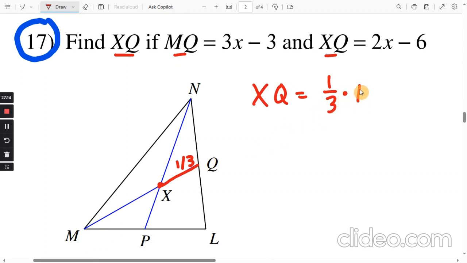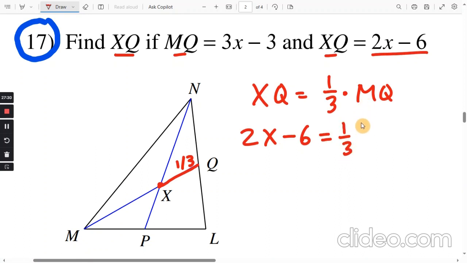So 1/3 times MQ. All right, plugging in, they gave us XQ is 2x minus 6. And that equals 1/3 for MQ, use parentheses. MQ is going to be 3x minus 3.